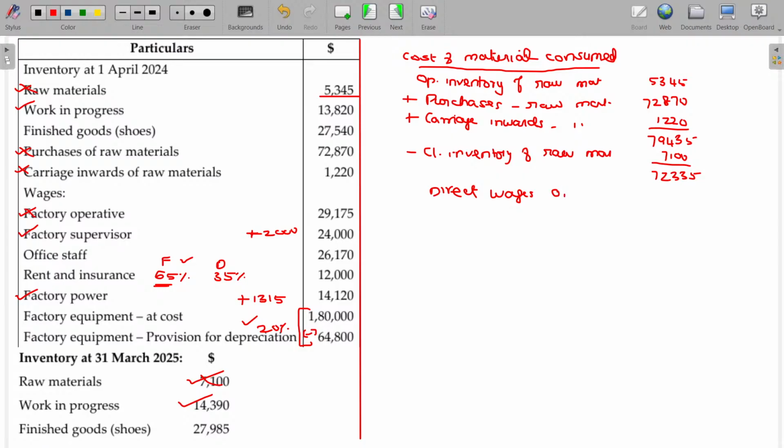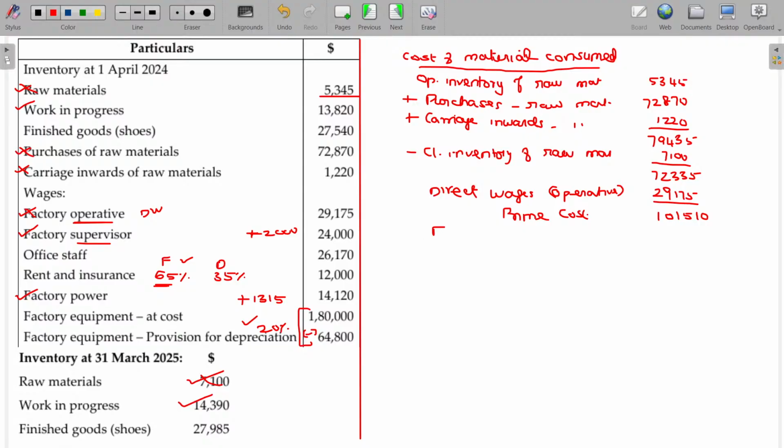In the case of a supervisor, this will be overhead. For factory operation purposes, if you pay any wages, that will be called direct wages. Other than that, any machine supervisor wages payable will be named as overhead. So here 29,175 will come. If I add up all these values, you will get 1,01,510, which is called primary cost or prime cost.